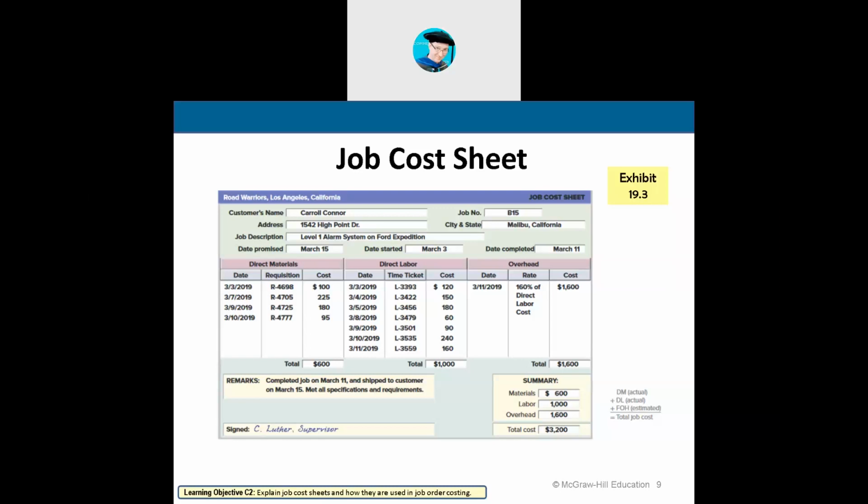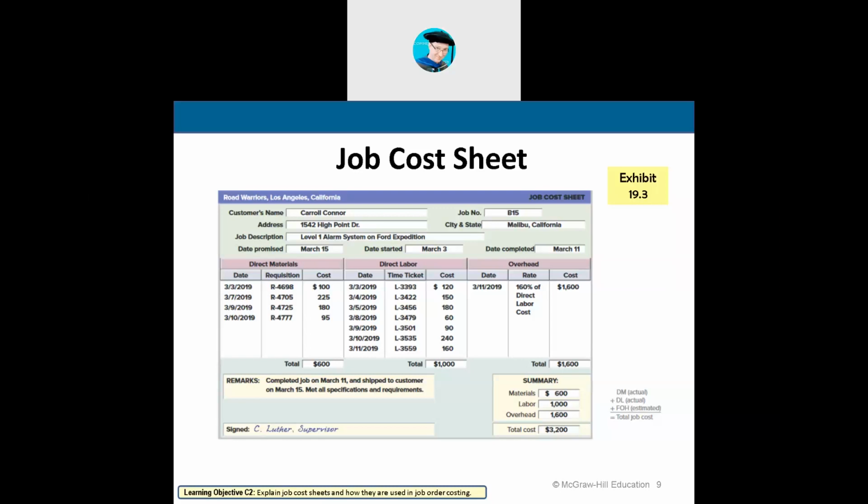For the overhead, we have what's called the overhead rate. Now, the overhead rate, as we briefly talked about last week, is computed by whatever the business specifies.